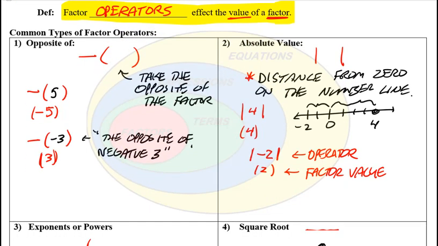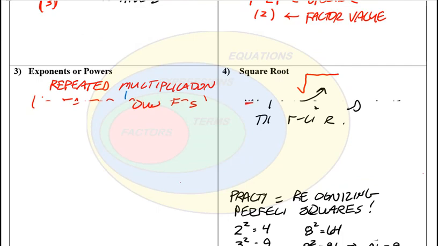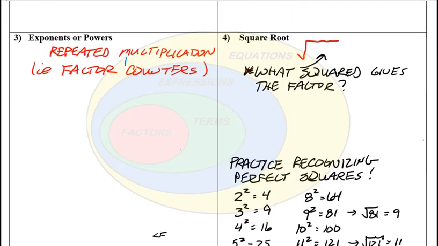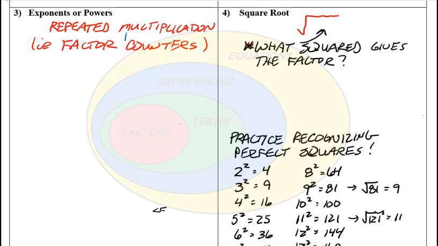There's a couple more factor operators that we want to look at. Exponents, or powers. Exponents and powers represent repeated multiplication, or factor counters. So we might see a factor of 2 raised to the fourth power, and we'll see this exponent.